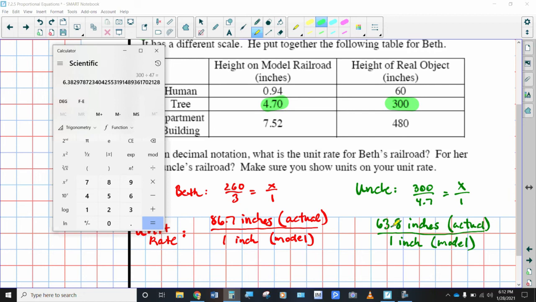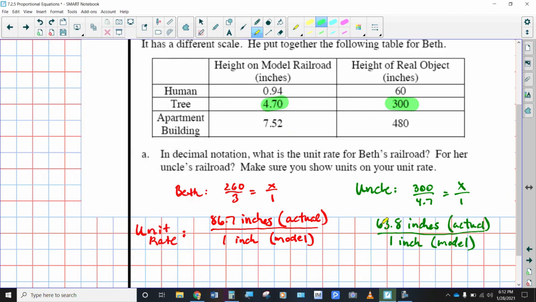I rounded that to 63.8. So in real life, for every 1 inch on the model, that's 63.8 inches in real life. Okay, so these are different unit rates. Looks like Beth's model has the greater unit rate per inch than her uncle's model.